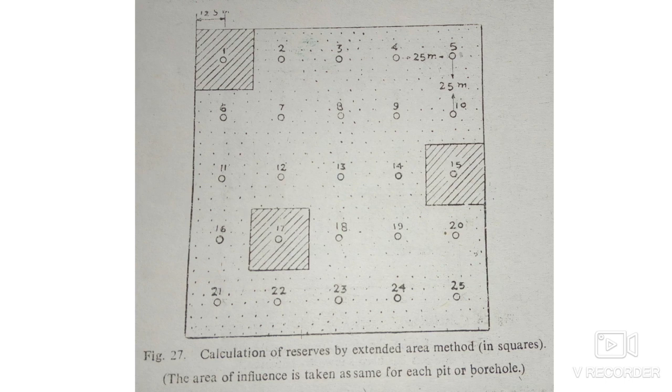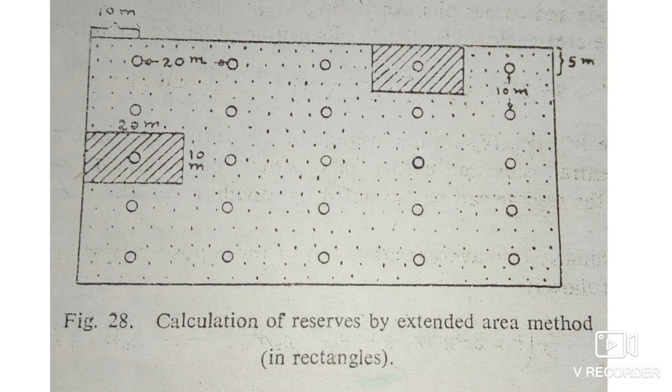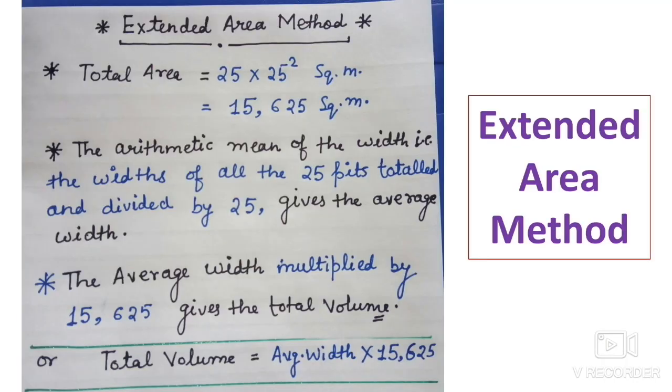The arithmetic mean of the width is the widths of all the 25 pits totaled and divided by 25, which gives the average width.